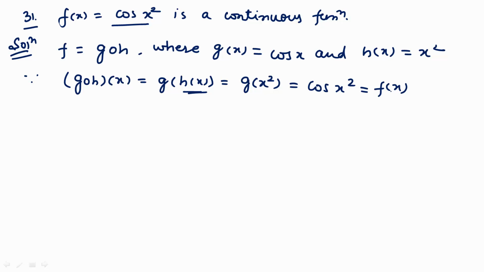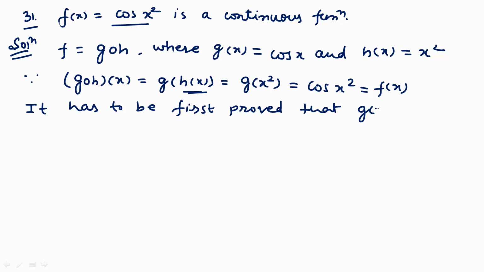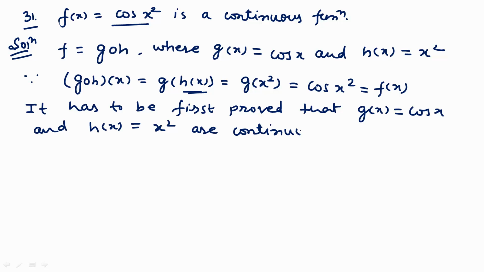We have to first prove that g(x) is equal to cos x and h(x) is equal to x square are continuous functions, because I have already told that function f is defined for every real number, and f can be written as a composition of two functions, f is equal to g of h, where g(x) is equal to cos x and h(x) is equal to x square.